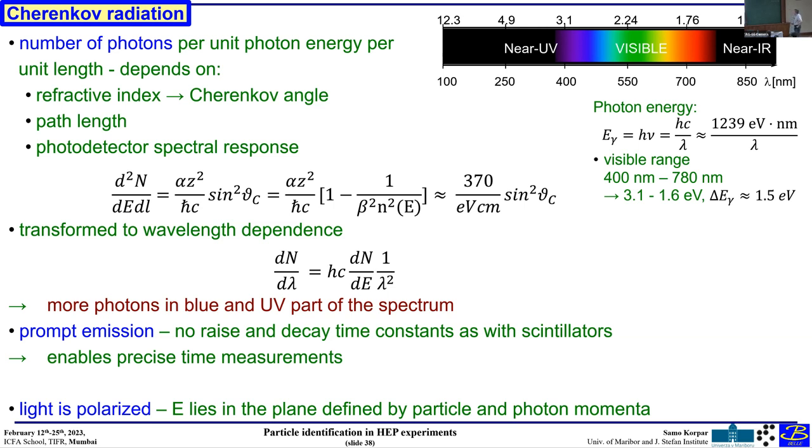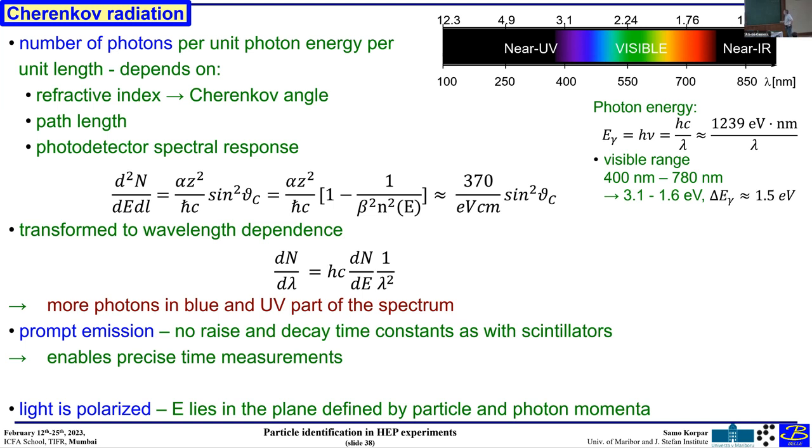This change in dipole moment of the medium produces Cherenkov light, so it has the same angular dependence as dipole radiation. But since it's coherent, because many dipoles radiate along the path with a certain delay defined by the speed of the particle, you get interference at this Cherenkov angle.